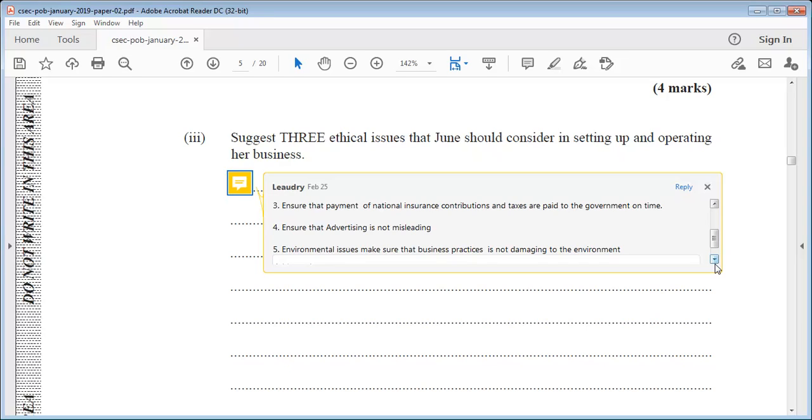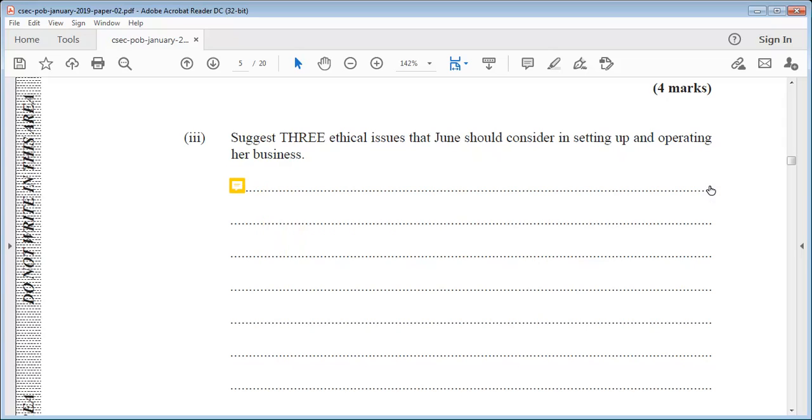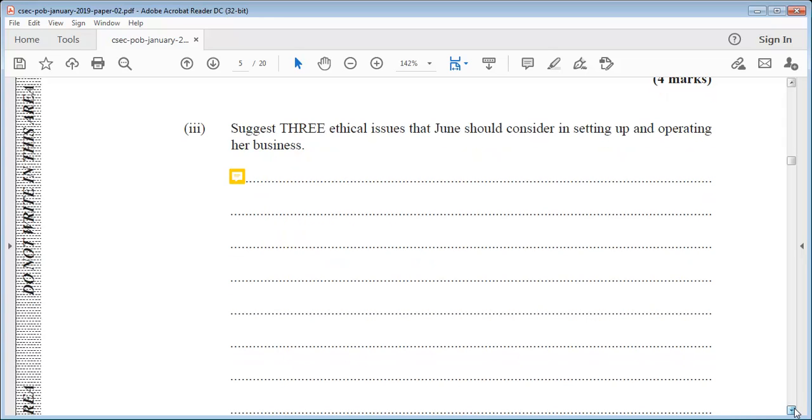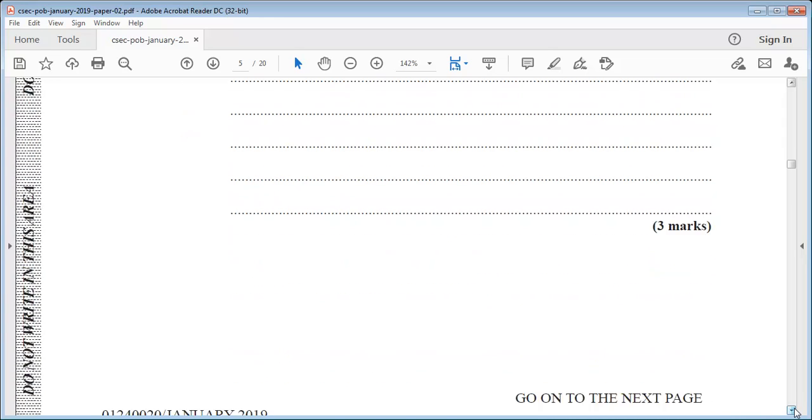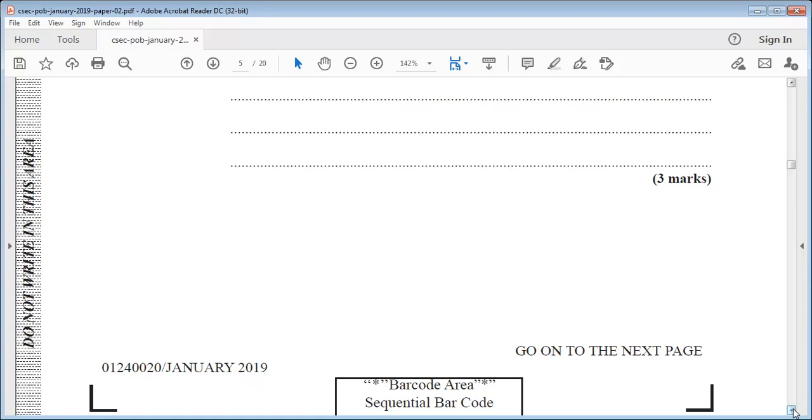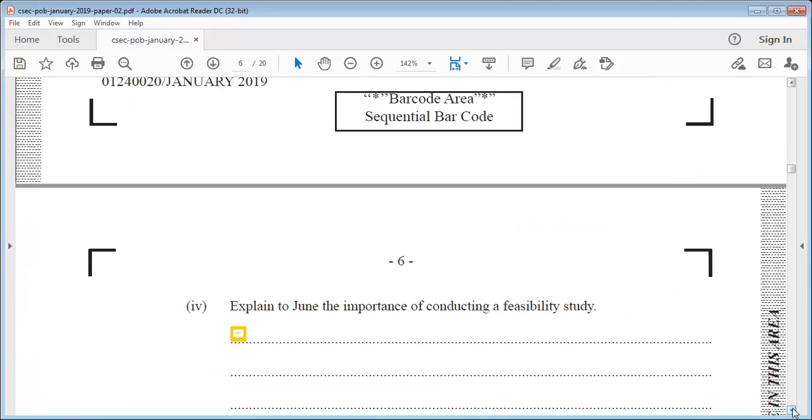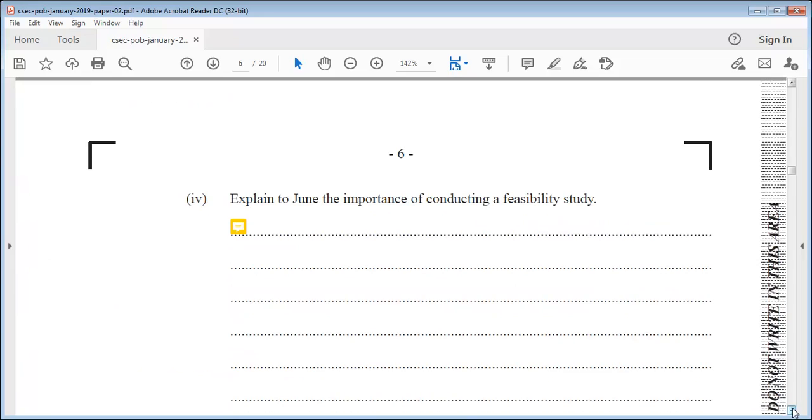And another ethical issue she would have to consider is to ensure that in setting up the business, there are no environmental issues, that the business practices would not be damaging to the environment. So those are 5 ethical issues, but it just says 3. So you could select any 3 from that.